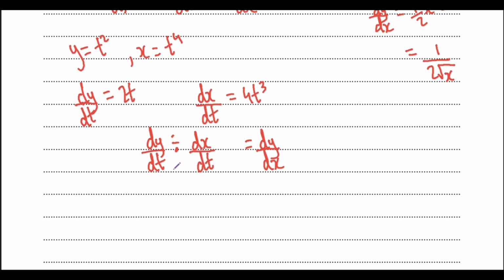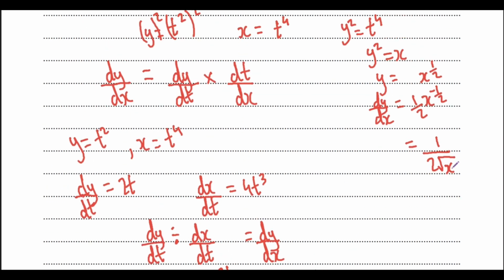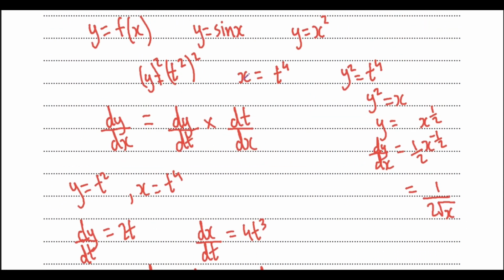So let's do it. We have dy by dt and we have dx by dt as well. So we have 2t divided by dx by dt, which is 4t cubed. And that leaves us with, cancel the t, 1 over 2t squared, which is actually equal to, well, remember over here we got 1 over 2 square root x. What is the square root of x actually equal to?